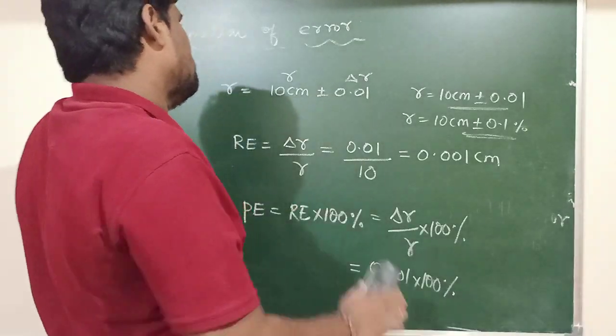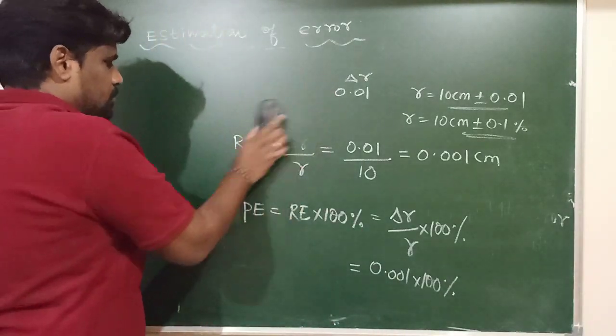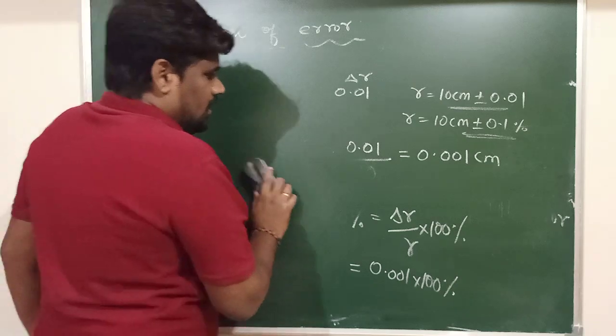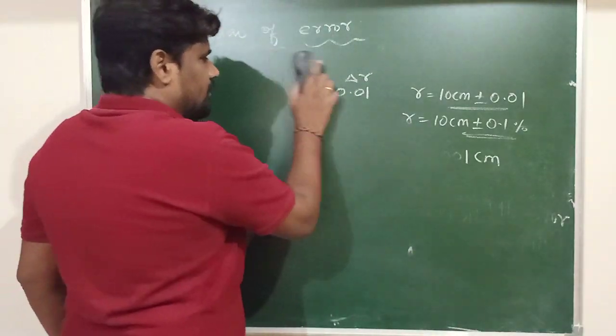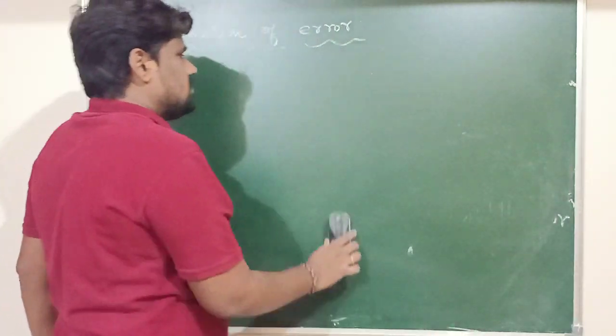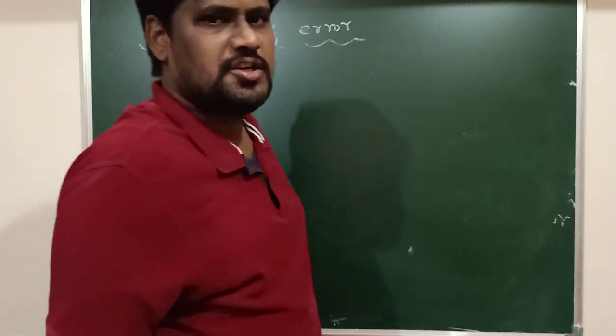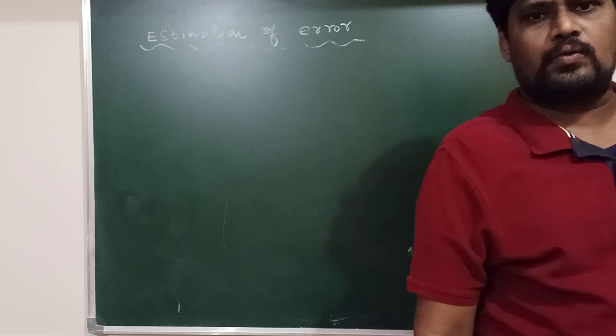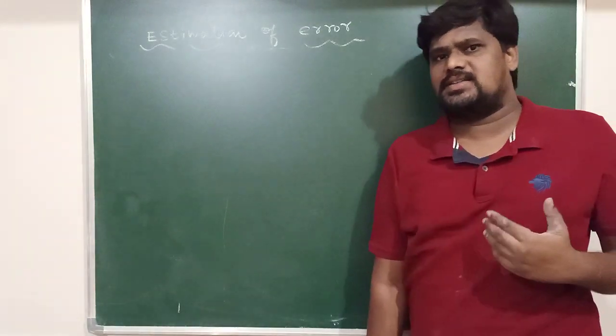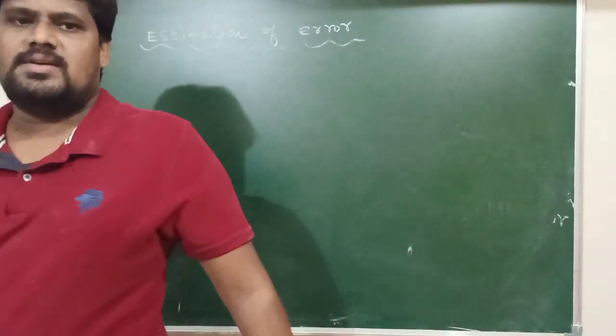Of course, such things you already studied in your PUC first year theory. Let me take a very important concept on errors, that is called the estimation of errors. How are you going to estimate the errors in the measurement?